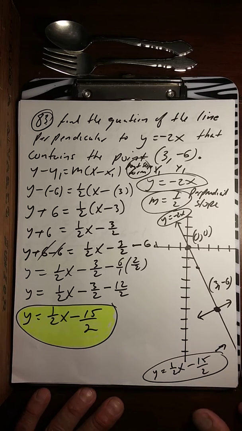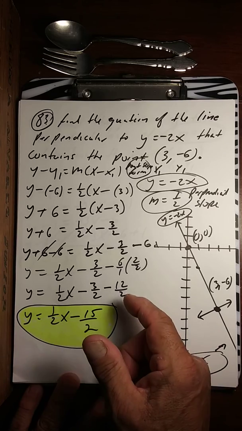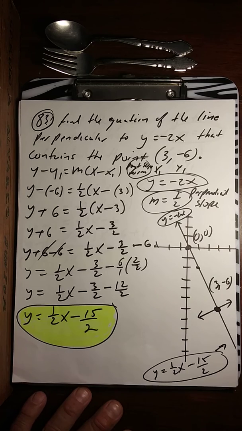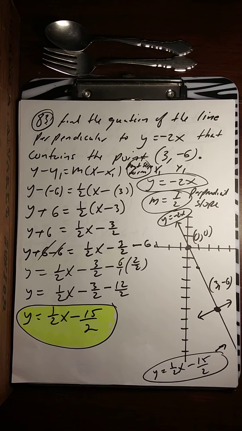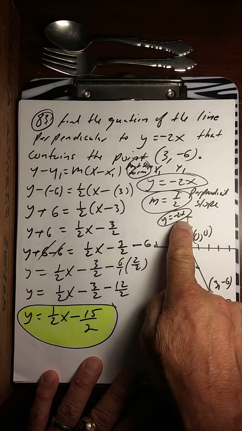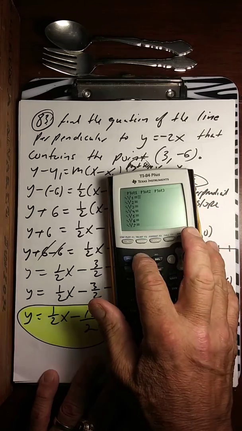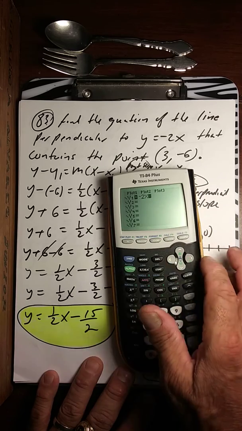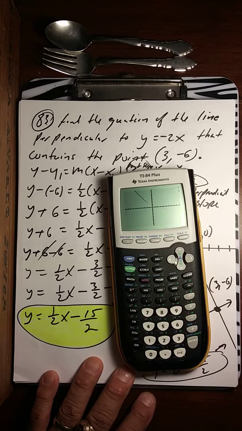And put the numbers in there. So y equals negative 2x. Let's graph these guys. Let's put that in here. The window is fine. So negative 2x, hit graph. Okay, got that one.